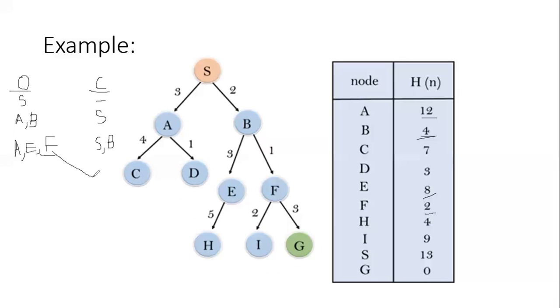When I say most promising, what we mean is there's a higher chance that the goal will be along that path. It's not always the case, but this one appears to be more promising.